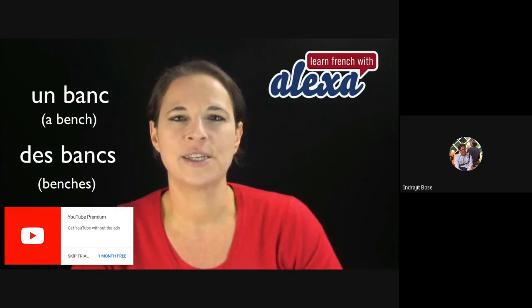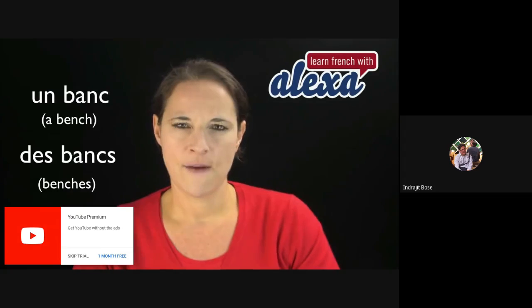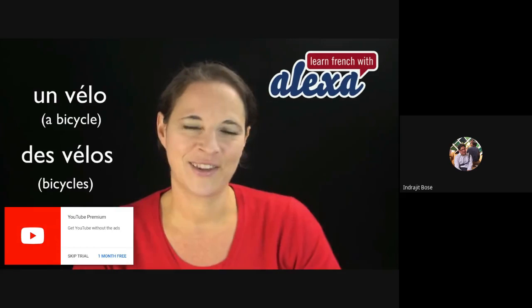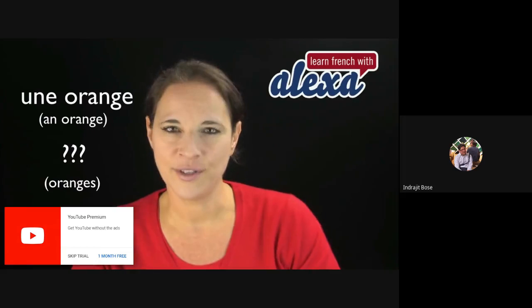Very good, benches. The next one, un vélo, which is a bicycle. In its plural form it will be bicycles, but in French, des vélos. Very good. And another one, une orange. That's an orange, okay?